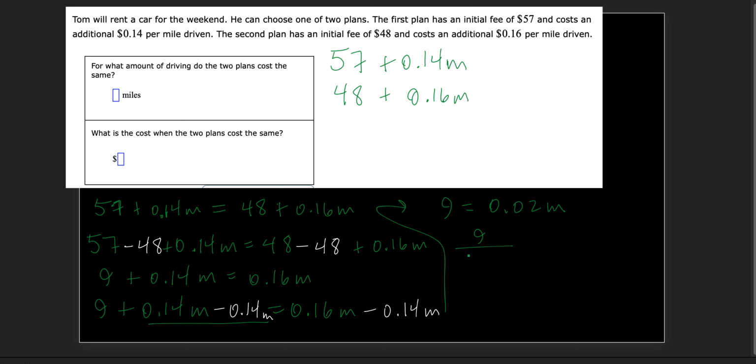So that's where I'll have 9 divided by 0.02 equals m, because I have to get that 0.02 away from m, so I divide both sides by 0.02. M equals 450. So this is 450 miles.